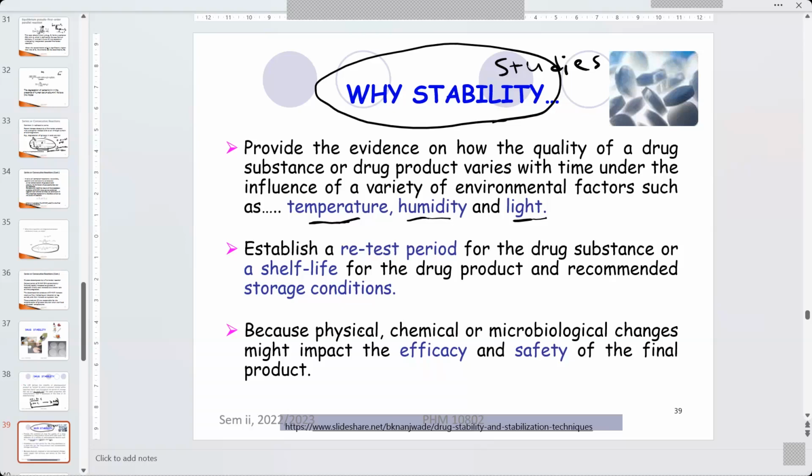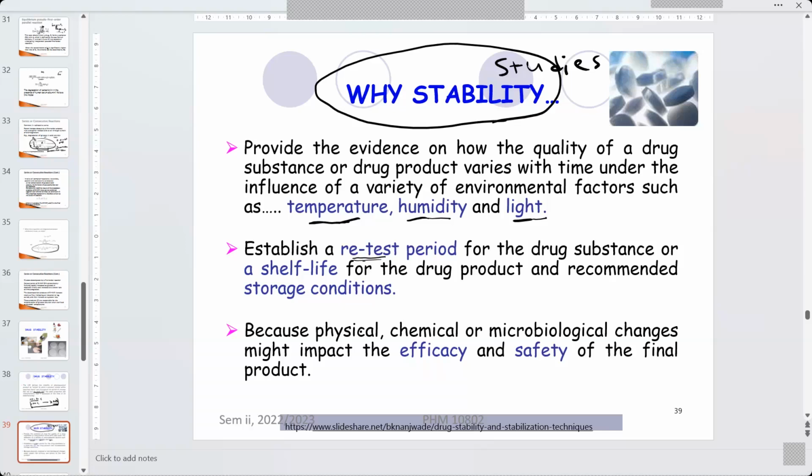Okay? This will also establish a retest period for the drug substance or shelf life. So if you talk about active ingredients stability study, I can know the period of time that I should retest the drug before I can decide whether to use it in manufacture or not, based on my knowledge of the degradation rate of this drug product, this active ingredient.